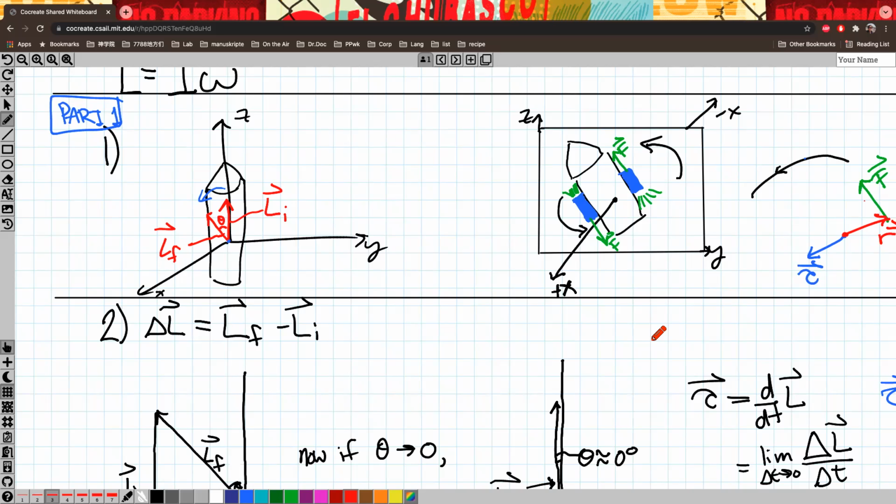And when the rocket moves, would it still be spinning around its long axis or just the actual Z axis? When the rocket moves, so when the rocket is at this angle, it will still be moving around its long axis. All right.